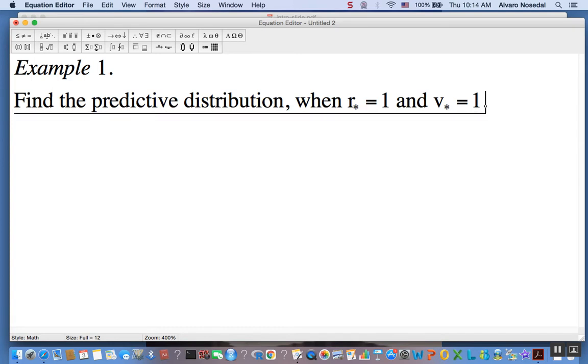And once you have it, what I would like you to do is to use it to compute a probability.